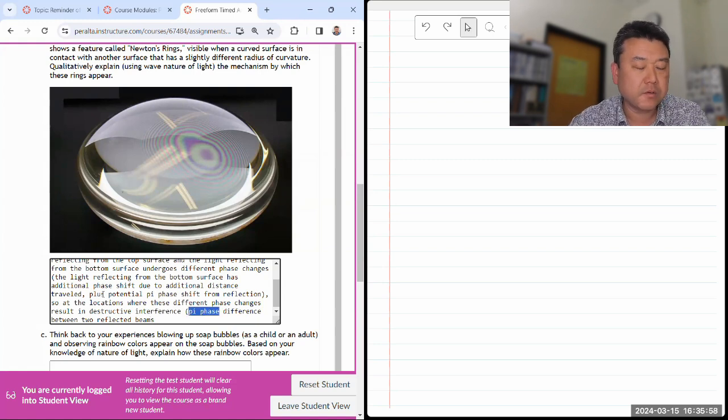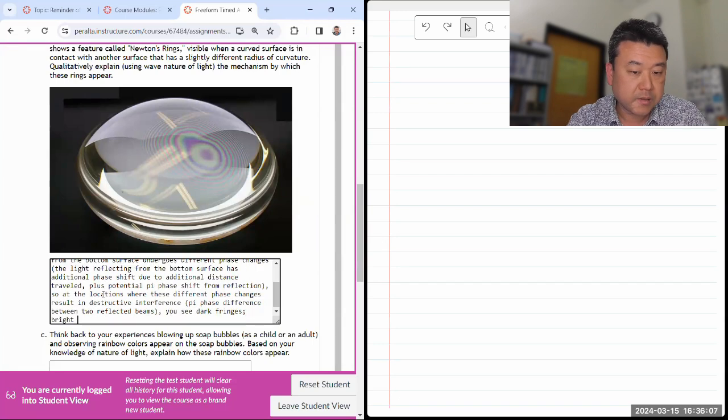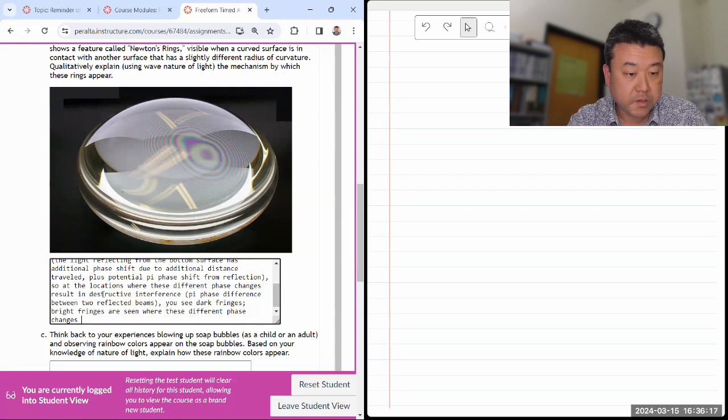Pi phase difference, or odd integer multiples of pi, you see dark fringes. Bright fringes are seen where these different phase changes result in constructive interference, a 2 pi phase difference between two reflected beams.